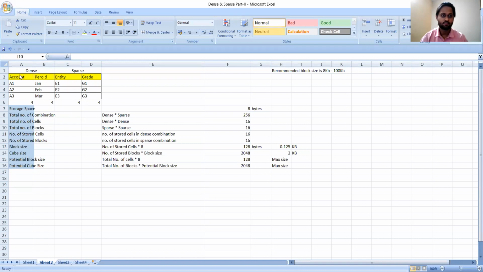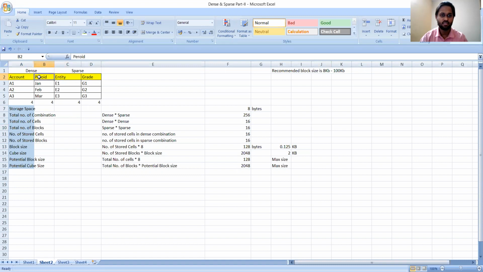Let me show you a quick view in an Excel sheet how the dense and sparse combinations are formed, and how the cells and blocks are formed by dense and sparse combinations. Here we have 4 dimensions: account, period, entity, and grade.